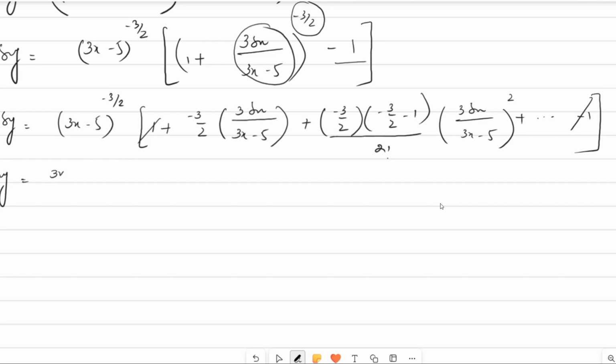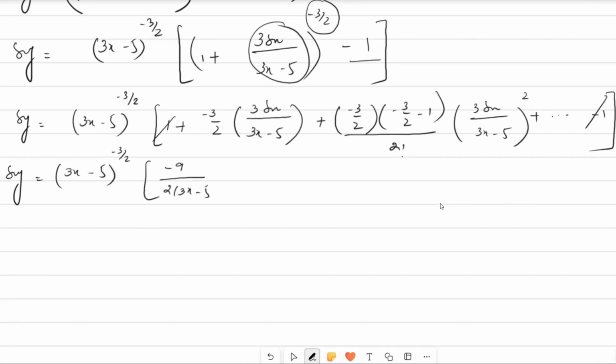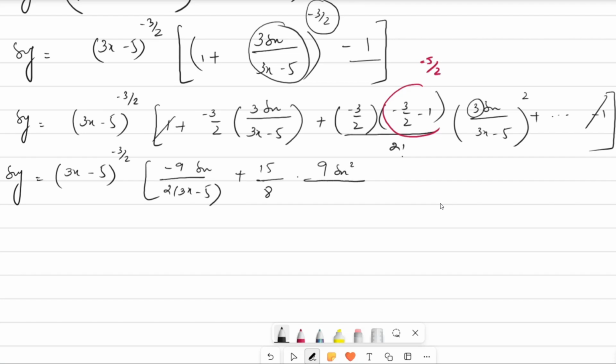Here delta y is equal to (3x - 5) raised to the power -3/2, and 3 times 3 is minus 9 upon 2 (3x - 5) delta x, plus its answer would be minus 5 upon 2, minus minus plus 15 upon 2 times 2 is 4, 4 times 2 is 8, into 3 square, 3 times 3 is 9 delta x square upon (3x - 5) whole square, plus so on.